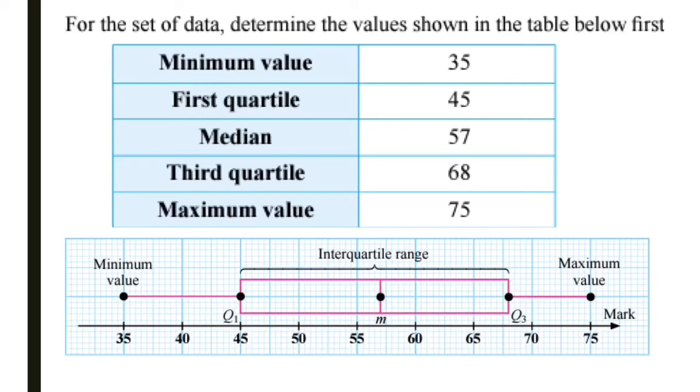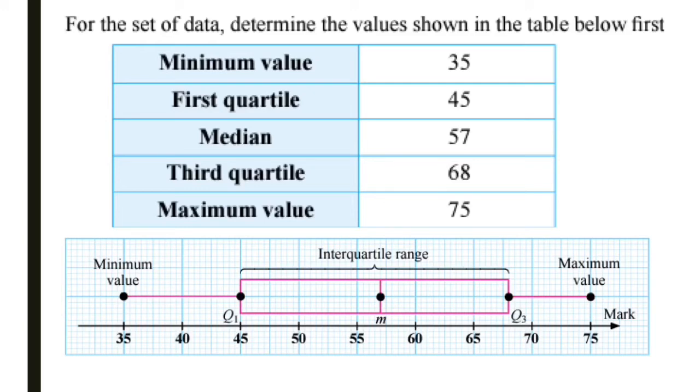So the minimum value is 35, followed by first quartile 45, next median 57, and third quartile 68. Finally, the maximum value is 75. Then we need to draw a uniform scale, starting from minimum 35 to maximum 75.